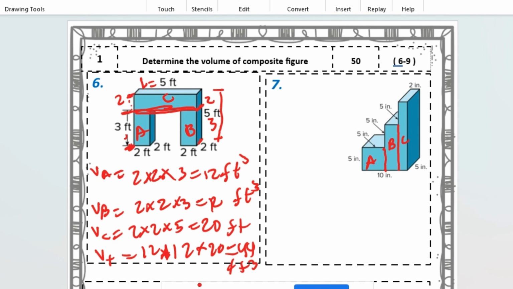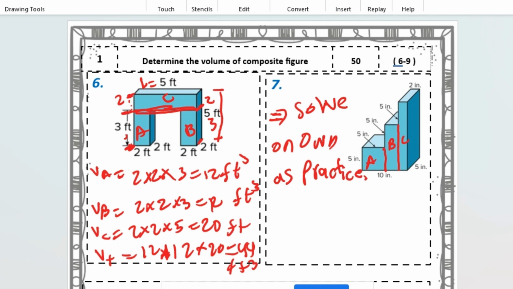And of course the dimensions are written here, so I'm just going to give it for you guys to solve on your own as practice. Okay, so it's pretty similar, or exactly the same way we solve as this question.